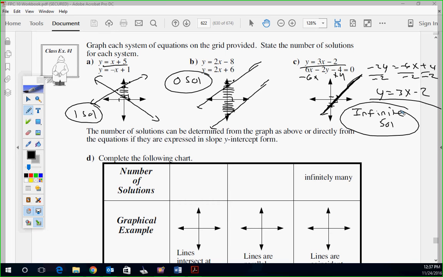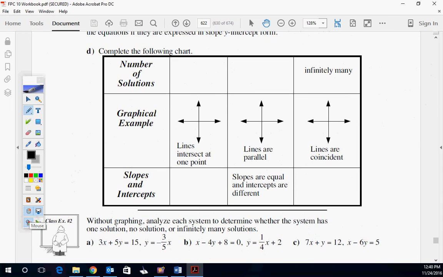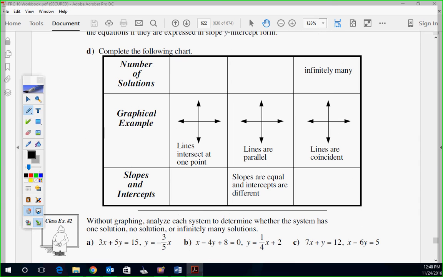Okay, going to hustle so we can get these guys out of here. All right, so this one here, number of solutions. 1, none, infinitely. Graphical example: just draw a graphical example however you want where it crosses once. Slopes are different.